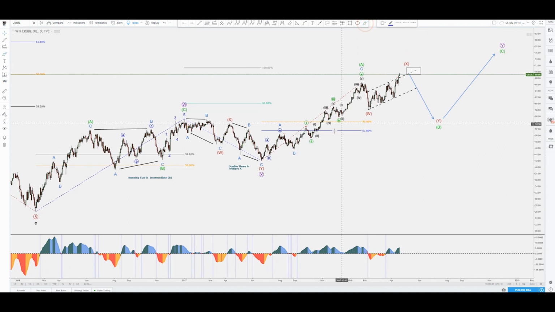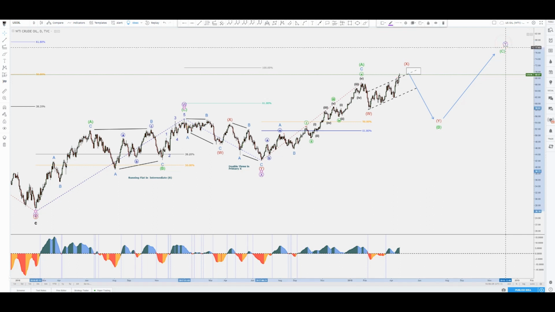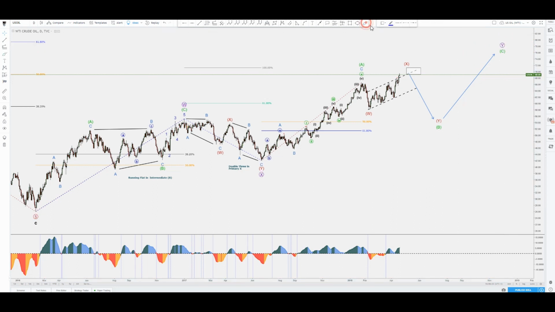Moving on, we still have basically the last piece of this WXY of this entire W double three corrective, right? So what we have so far is A minor, then B, and then the extension happening in minor C, which is this light blue C, thus completing the first leg of the ABC. So we have an extension, 1, 2, 3, 4, and then the overshoot.